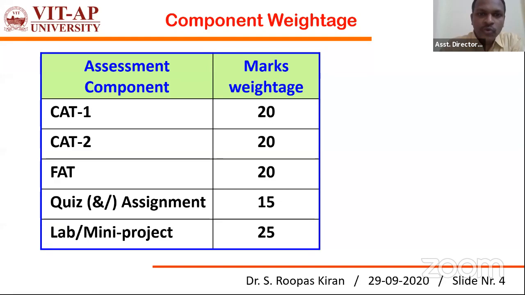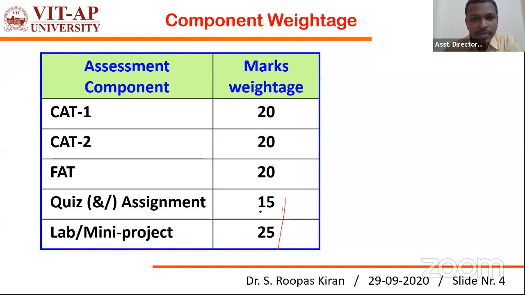If the course is a theory only course, the rest of the 40 marks will include quizzes, assignments, mini projects, etc., not the lab component. But if the course is a lab only course or a lab embedded course, the lab component will be 25%. Quizzes and assignments will also be there.